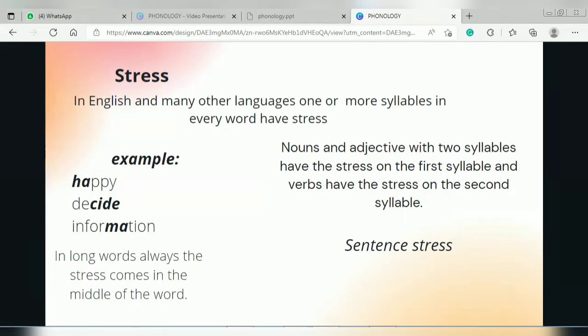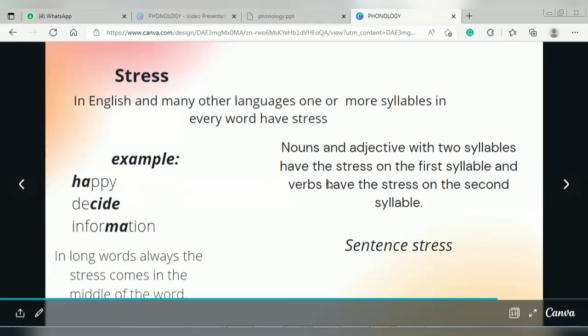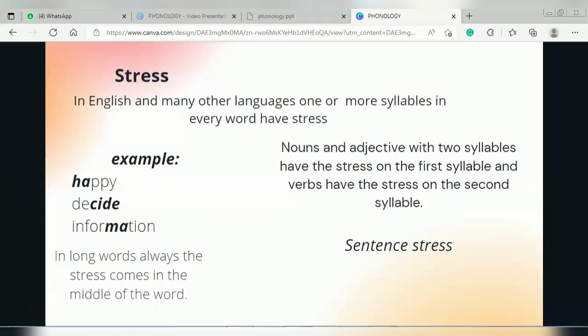So we have some rules that we must know. The first rule is, in long words the stress always comes in the middle of the word, like this. Information. The stress is in the sound. Another example is discussion, and the stress is in the "cus".